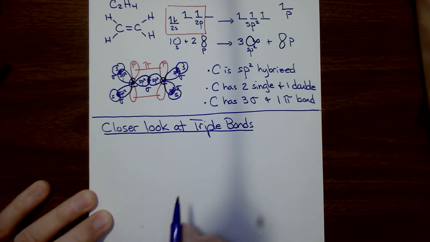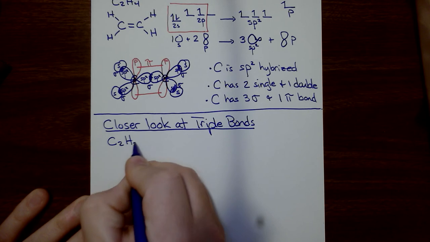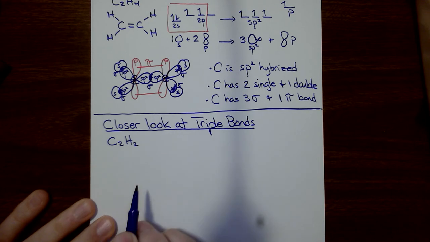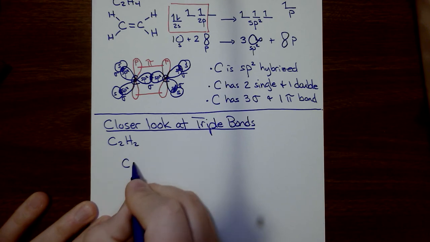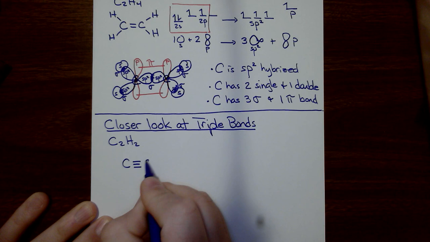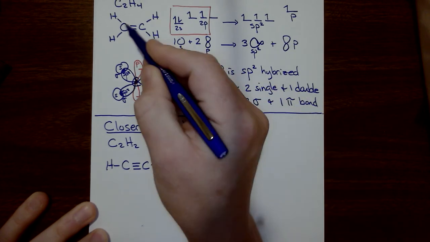With the triple bond, we're going to look at ethyne, C2H2, which is going to look like this. We're going to have a carbon triple bonded to a carbon, single bond hydrogen, single bond hydrogen. Now, if you'll notice, each carbon still has 4 bonds.